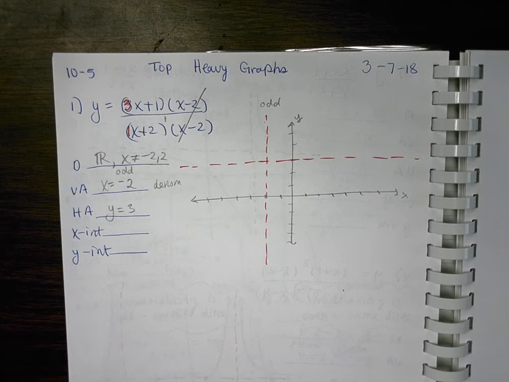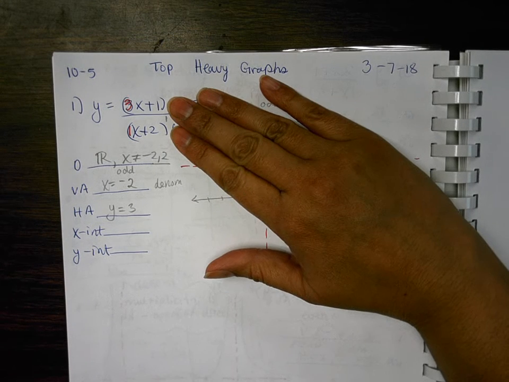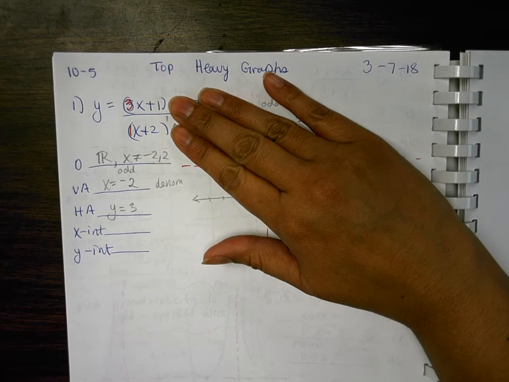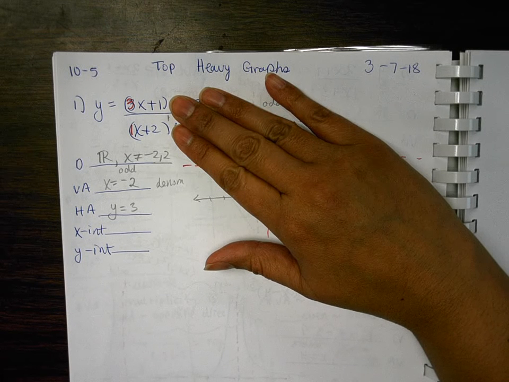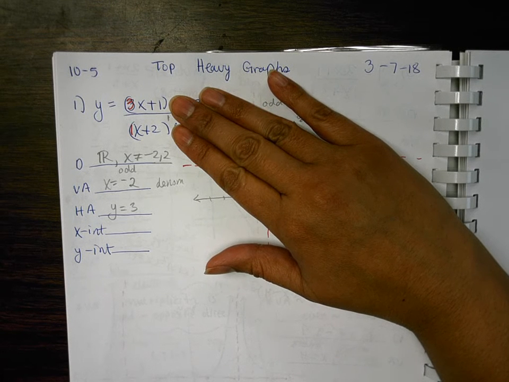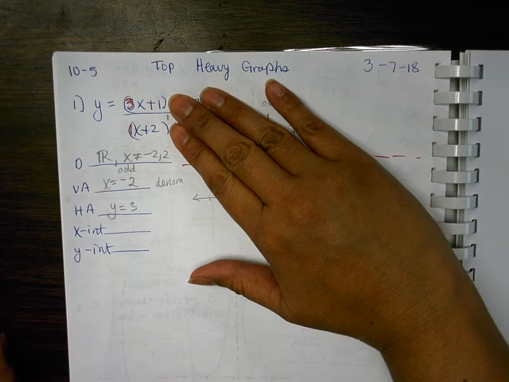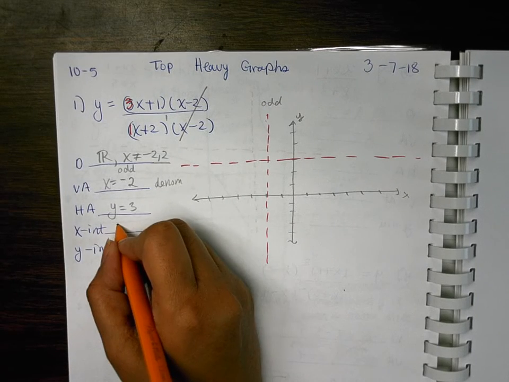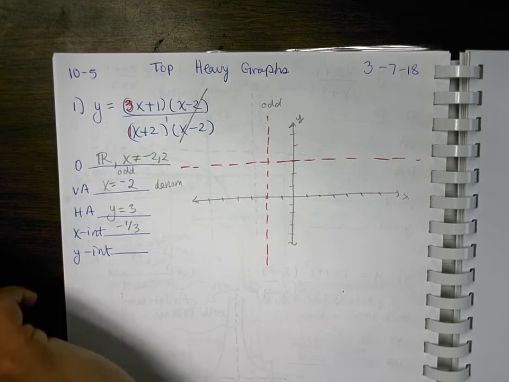Okay. X-intercept, go ahead and plug in 0 for y. I'm going to cover this. Set it equal to 0. Subtract, divide. What do you get for your x-intercept? -1/3. Do you guys see how we got that?